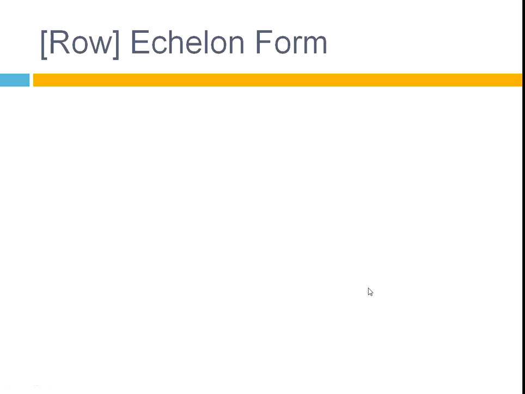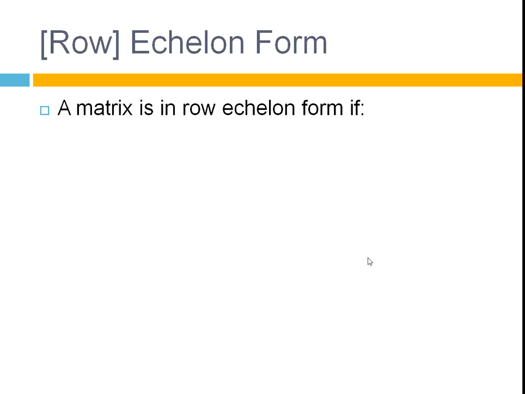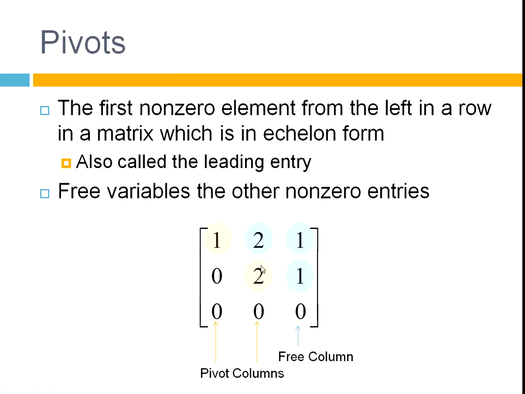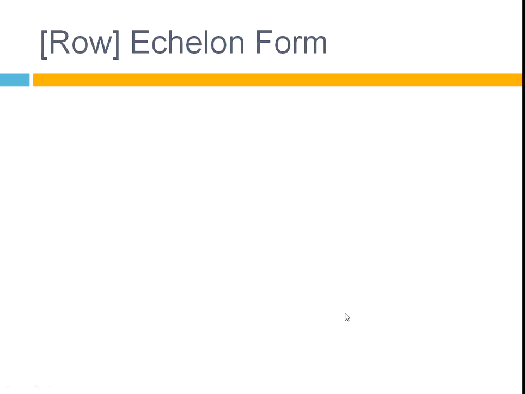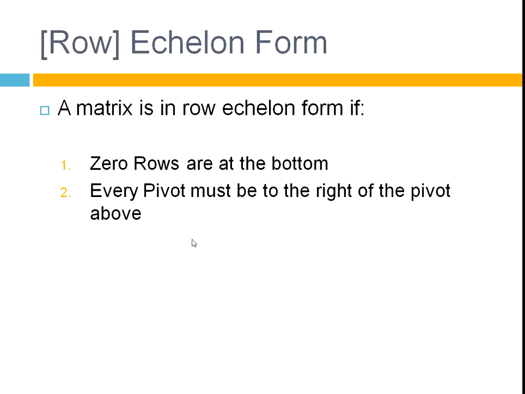Echelon form is quite simple. It's a matrix that follows a set of rules. The first rule is that the zero rows are at the bottom. So if you look back at this matrix here, this row is all zeros and it's at the bottom of the matrix. And also every pivot must be to the right of the pivot above.